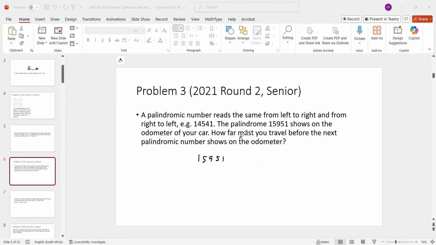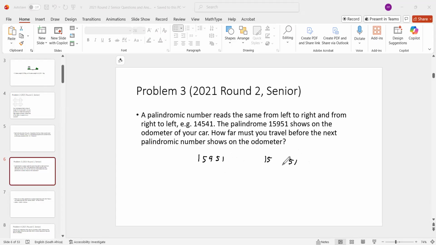Then the question is, how far must you travel before the next palindromic number? These things are called palindromes, right? So the next palindrome appears. Now, if it starts with 15, it must end in 51.